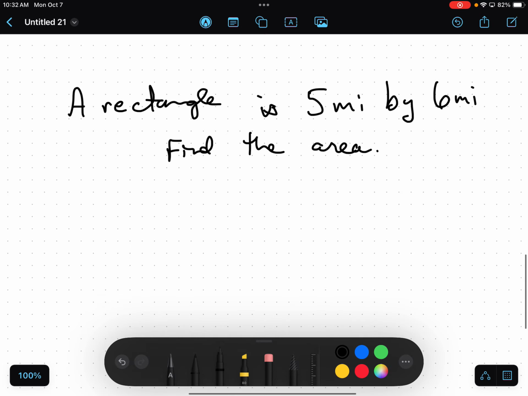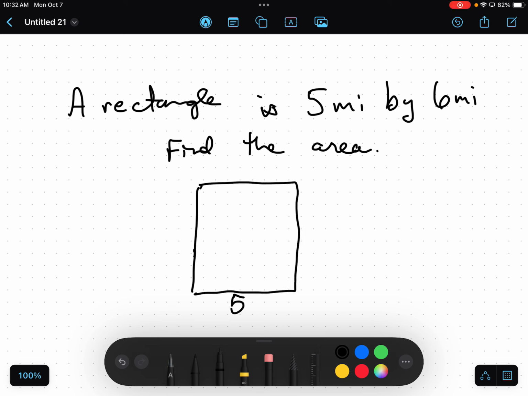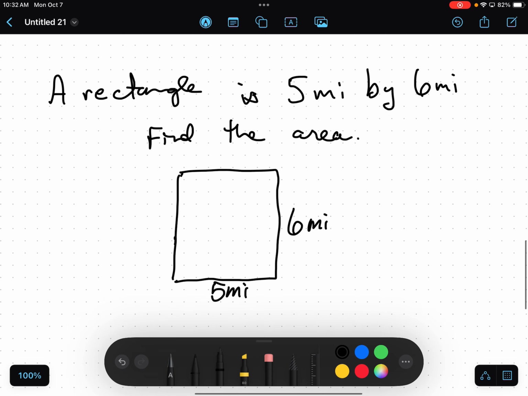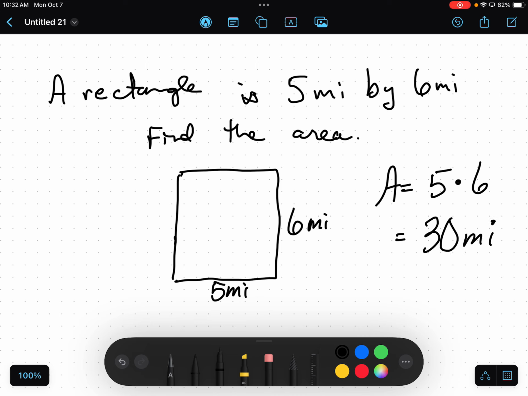It's going to just give you a description of it. If you want to make the picture, go ahead. So looking at the one that those two gave us, 5 miles, 6 miles, how would you find the area? Length times width, so 5 times 6, which is what? 30. So this would be 30 miles squared because we are finding the area.